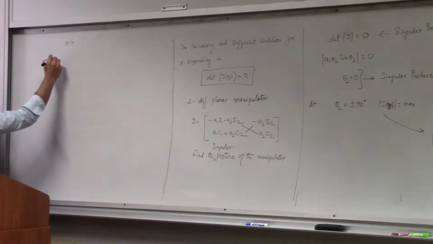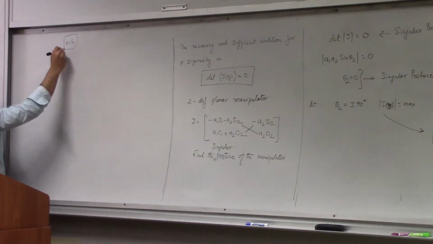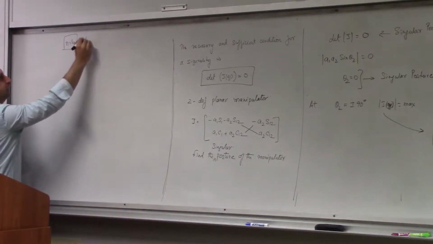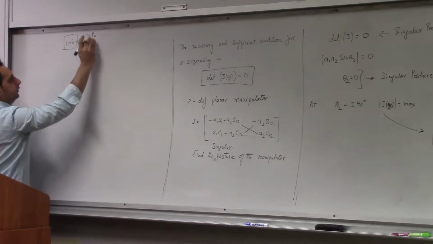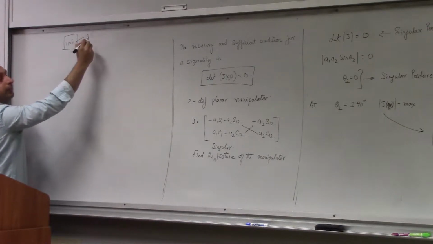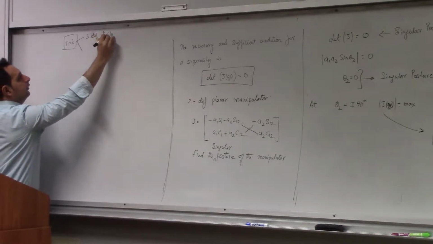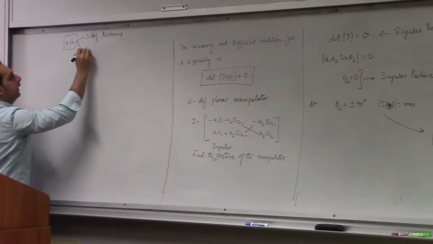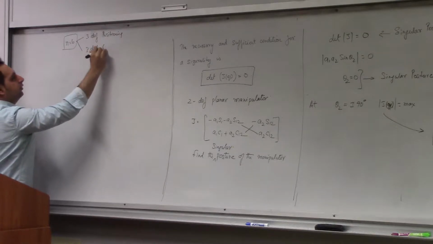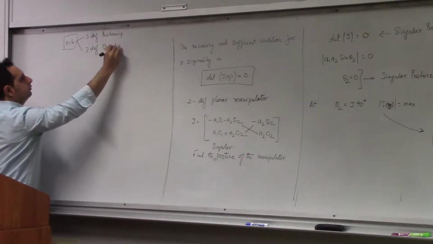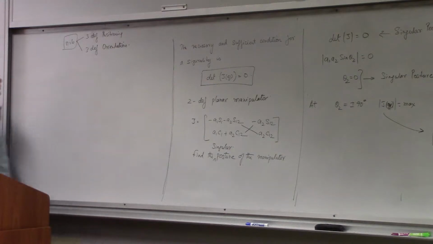If you have a Jacobian for a 6 degree of freedom manipulator, 3 degrees of freedom are for positioning, and 3 degrees of freedom are for orientation.